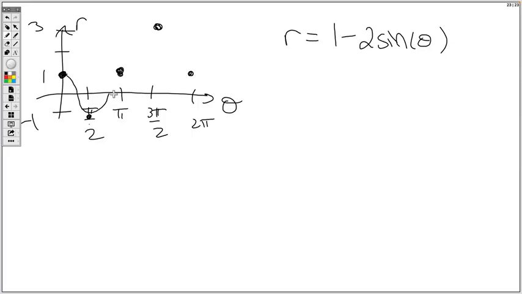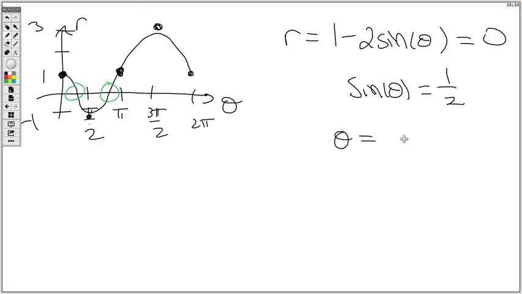Connect the dots in a pleasing fashion, and you know what is going to be important for us to find are those things there. Set these equal to 0. Sine theta is a half. What do you get for that?